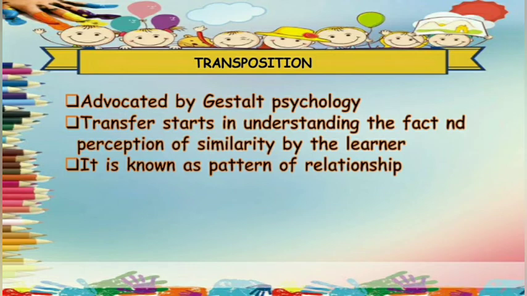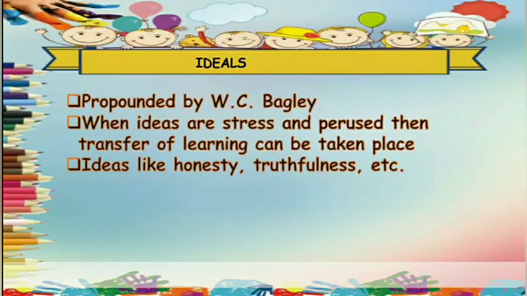Transfer starts in understanding the fact and perception of similarity by the learner. It is known as pattern of relationship since understanding relationships between facts, phrases, and principles are the real basis of transfer. Fifth, ideals.